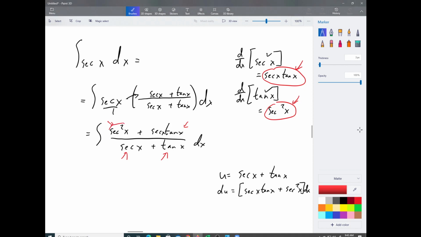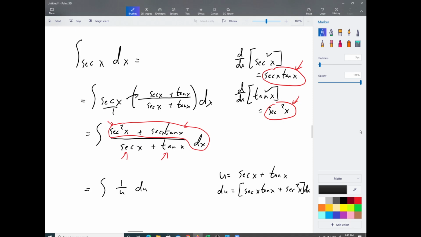And I see that whole big old thing becomes part of my differential for du. So I end up with just 1 over u du.